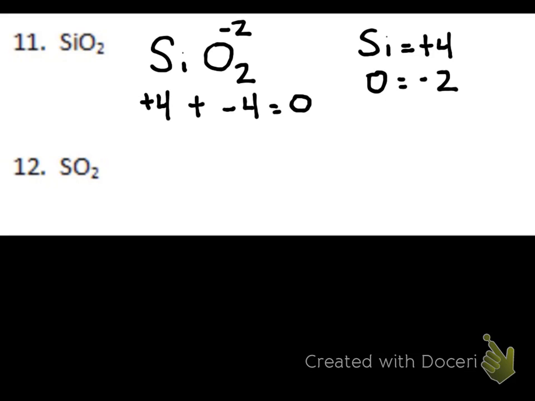Looking at number 12. I hope that you see what I would like you to see, and I would like there to be some confusion. And it means that if you have a little bit of confusion, it's good.